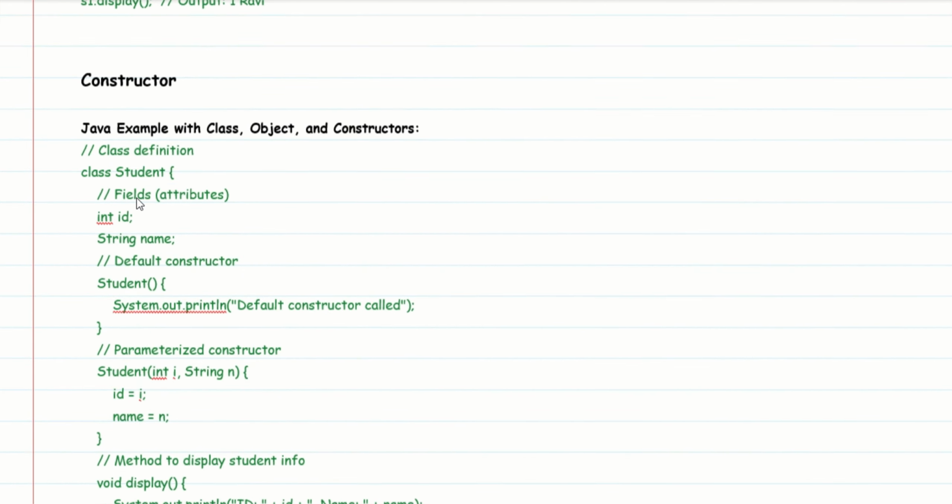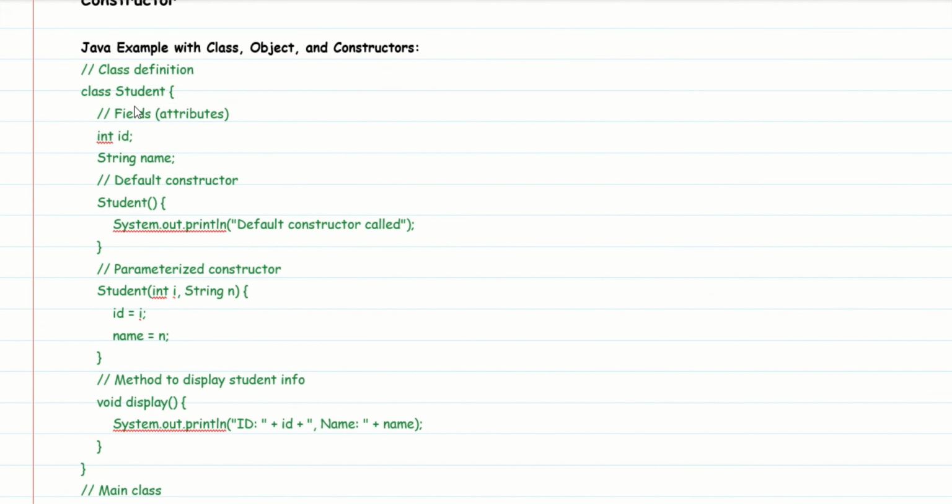Here is a simple example: the same Student class, but with constructors as well. You can see a default constructor. If you have not created this, the compiler will create the same constructor without statements. Here I have a statement just to say it's a default constructor. Then I have a parameterized constructor which has parameters, the same as the class fields.